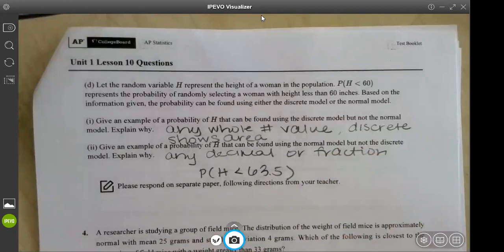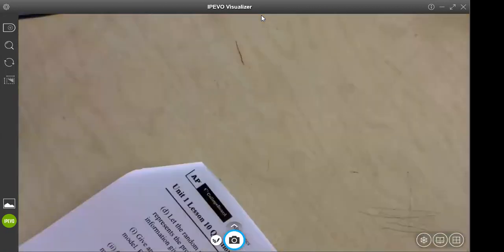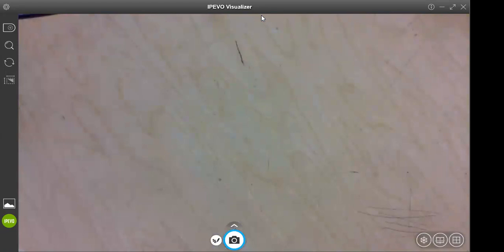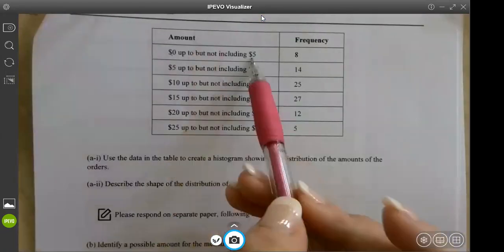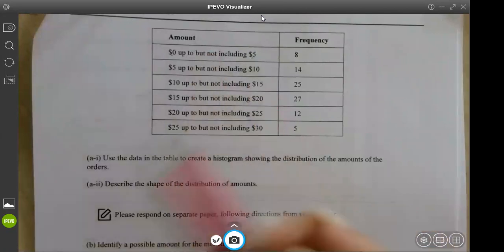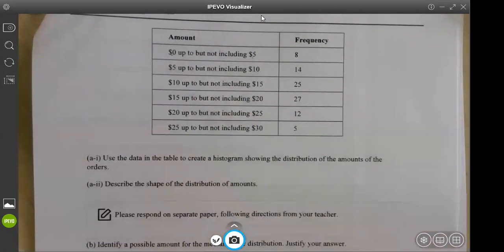Pretty simple. Okay. Your next one, you have a frequency table, and this is the one I was talking about, has 0 to not including 5. So 0 to less than 5 would be 4. So the length or the width of the bar would be 4, where the height would be a little bit different. Okay. All right.